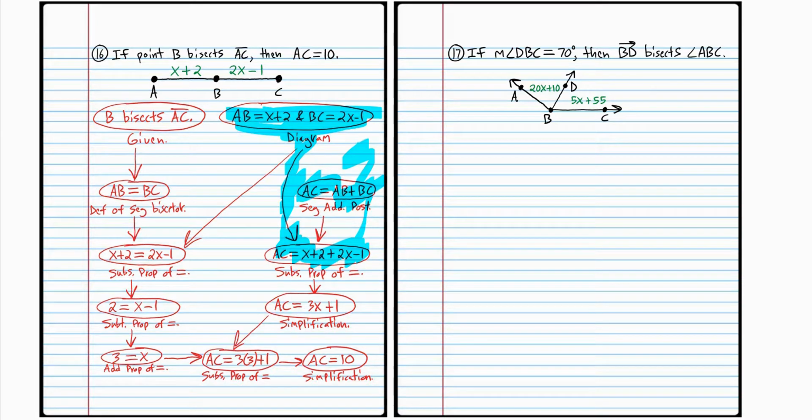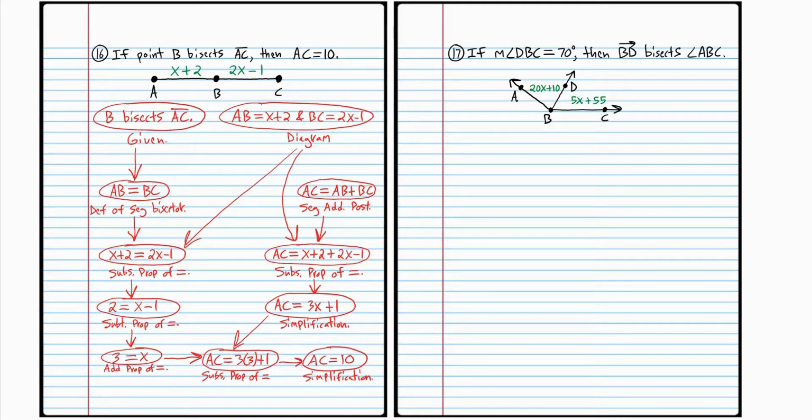So combining all that, we get this bubble here. And then we can just simplify to 3x plus 1. And now at that point, we are going to combine this information and this information. So that's why we have arrows connecting this bubble here. And then we just simplify and we have AC is equal to 10.